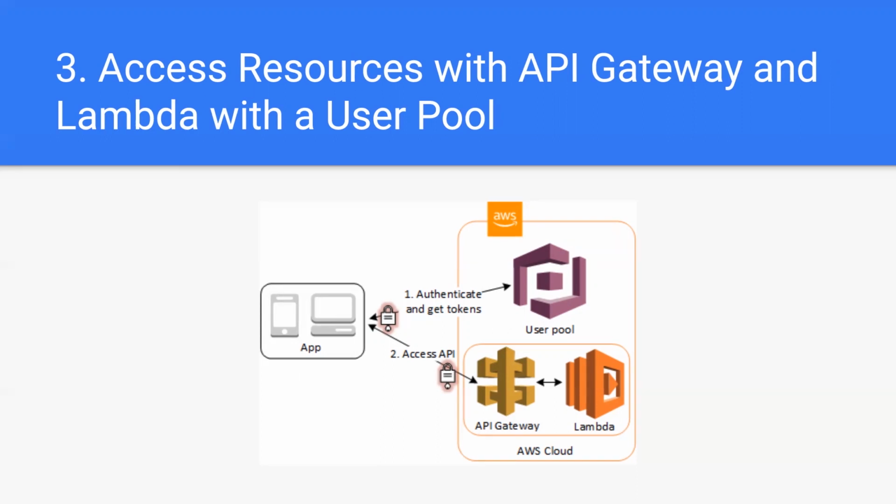You can use groups in a user pool to control permissions with API Gateway by mapping group membership to IAM roles. The groups that a user is a member of are included in the ID token provided by a user pool when your app user signs in. So basically that's it here.